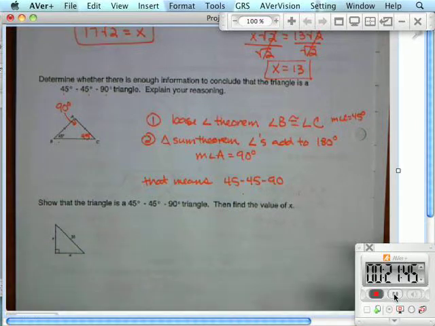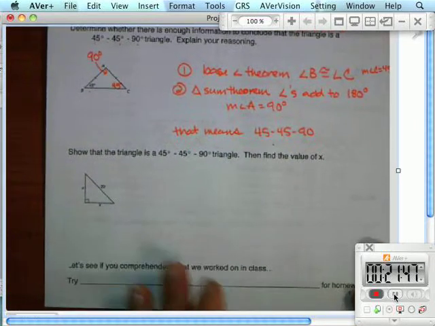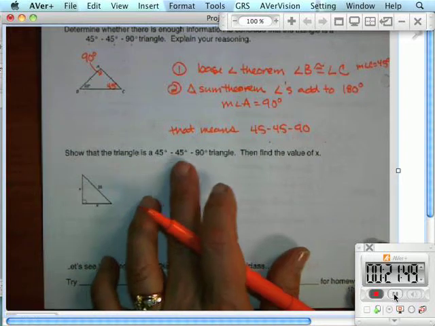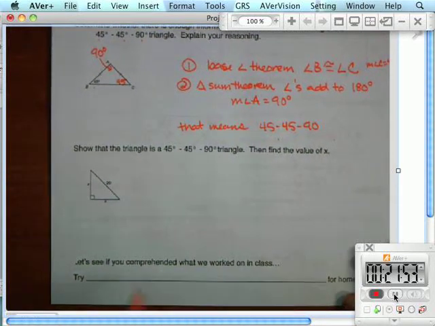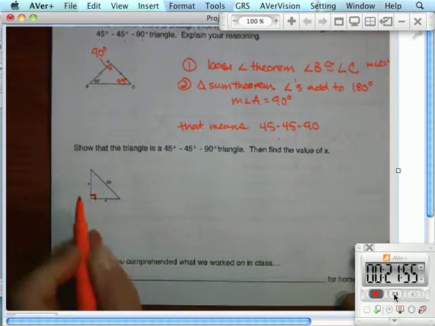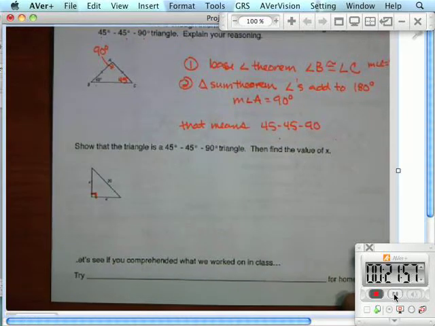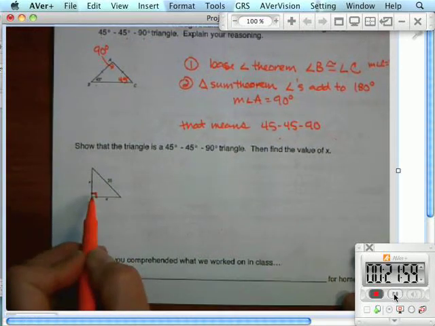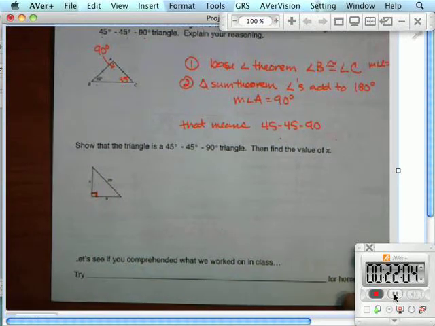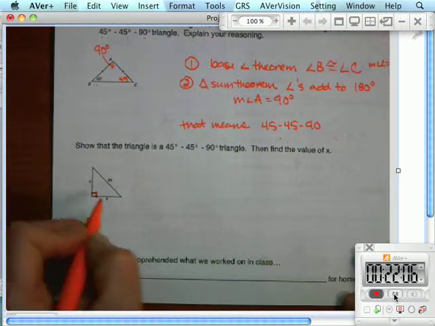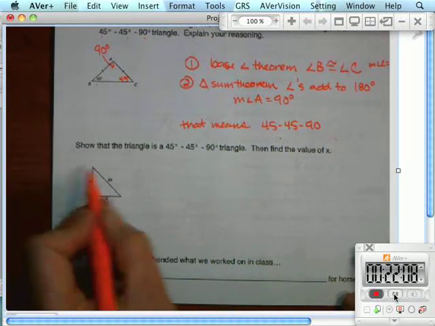Okay, let's do one more with this reasoning. Show that the triangle is a 45, 45, 90 triangle, then find the value of x. All right, so let's look at this. We know that this angle is what? 90. We know these sides are equal. Therefore, their opposite angles are what? Equal. And they have to add up to what? All three, 180.